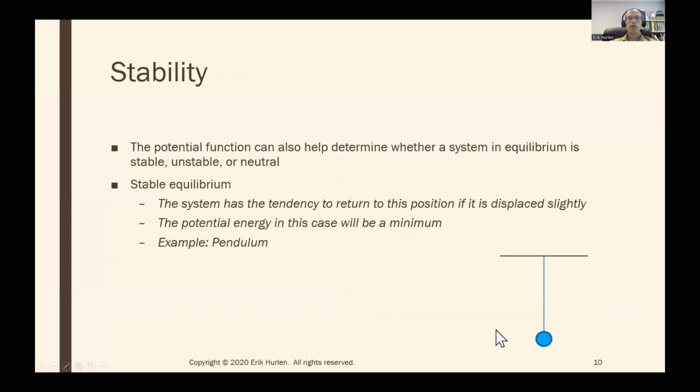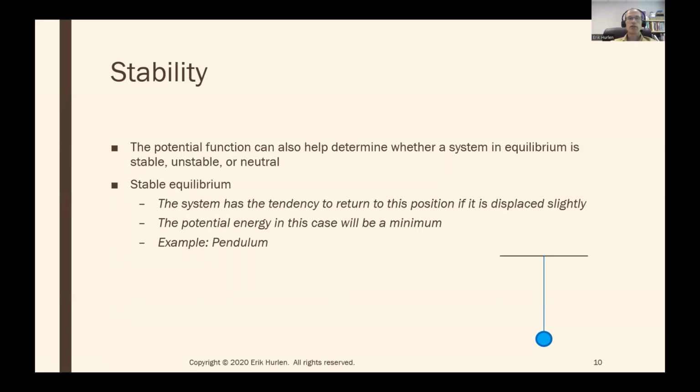Another consideration is the stability of the equilibrium position. We haven't really talked about this when dealing with forces, but some equilibrium positions are stable, while others are unstable. The best example of this is a pendulum. If the pendulum is hanging straight down, it will not move, so it is in equilibrium. This is a stable equilibrium point because any displacement brings it back to its equilibrium position.